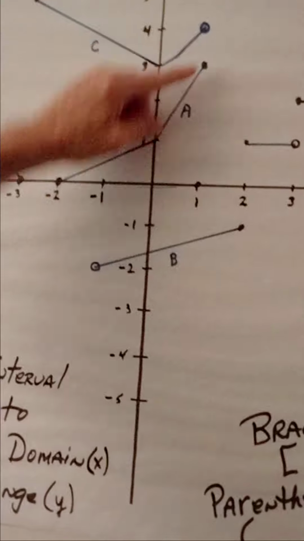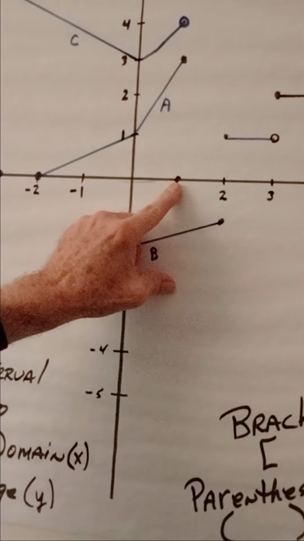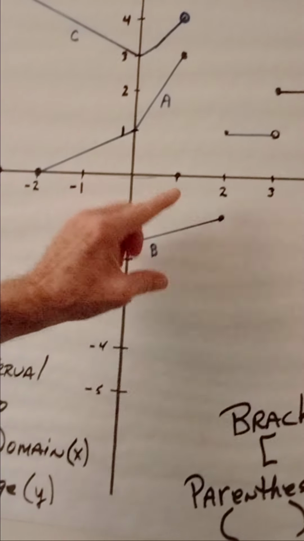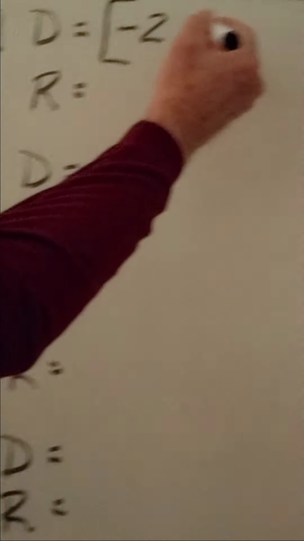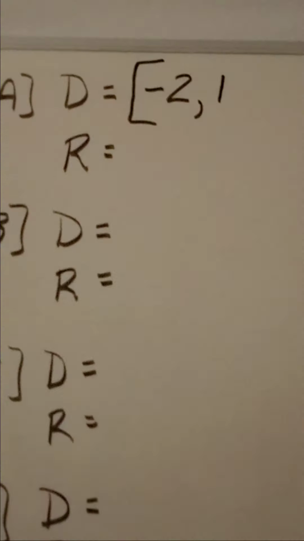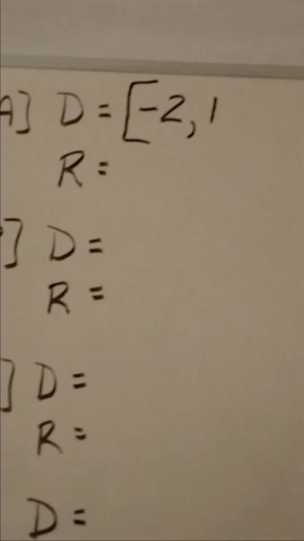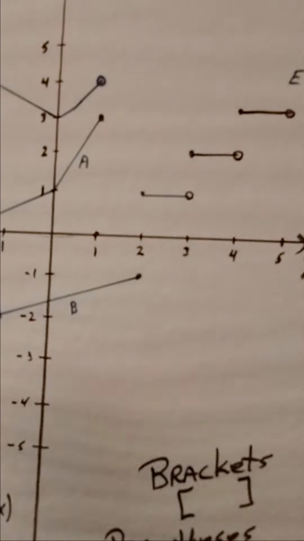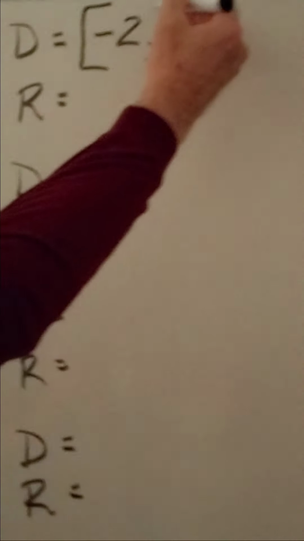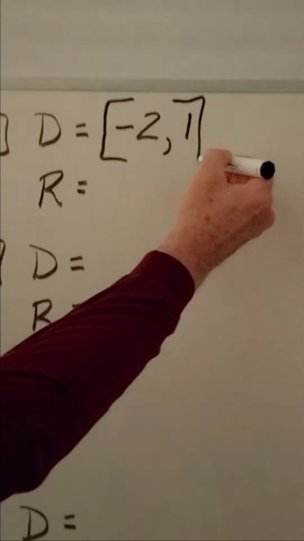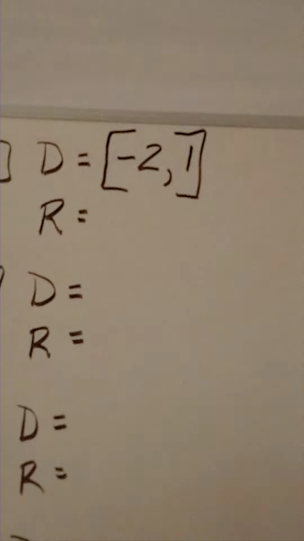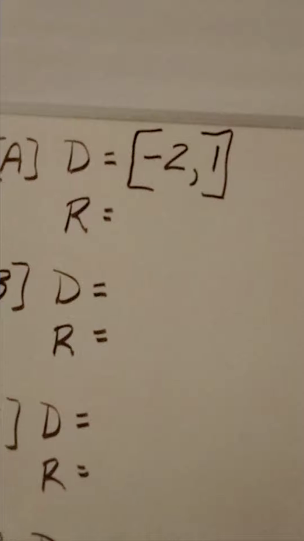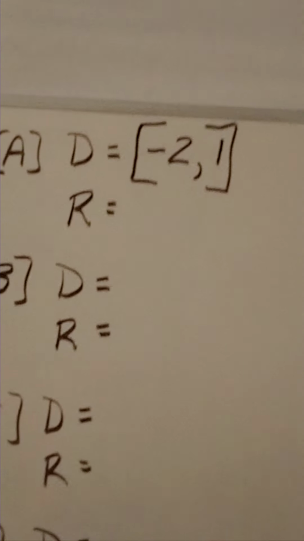So I put that darkened point right there. +1 is the largest domain value. We put that after the comma. And because it is a darkened point, we use a bracket again, but this time we put the bracket and open it to the left. That is the interval notation for the domain of graph A.